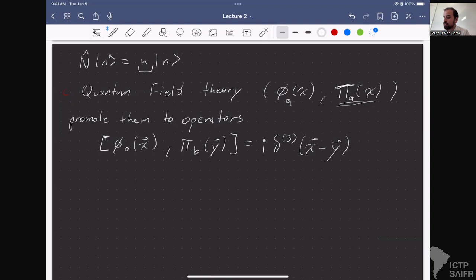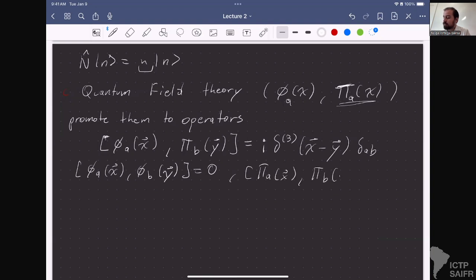You have a Dirac delta of x minus y, and you have to make sure they correspond to the same species of field, so a Kronecker delta AB. Again, the fields with themselves commute, and the momenta with themselves commute.